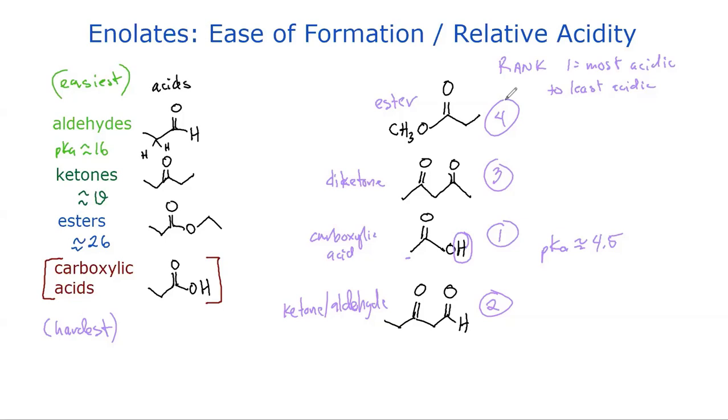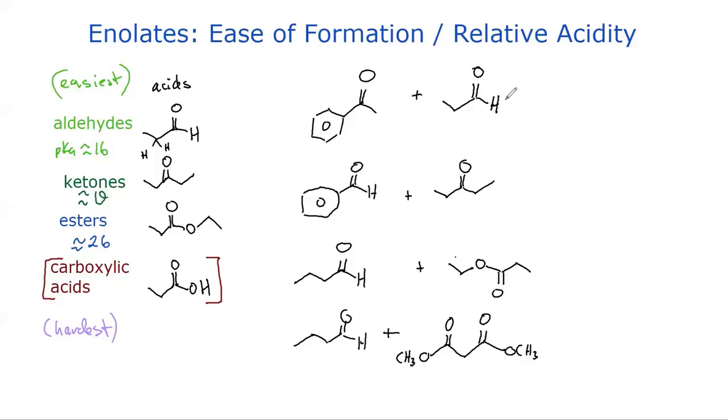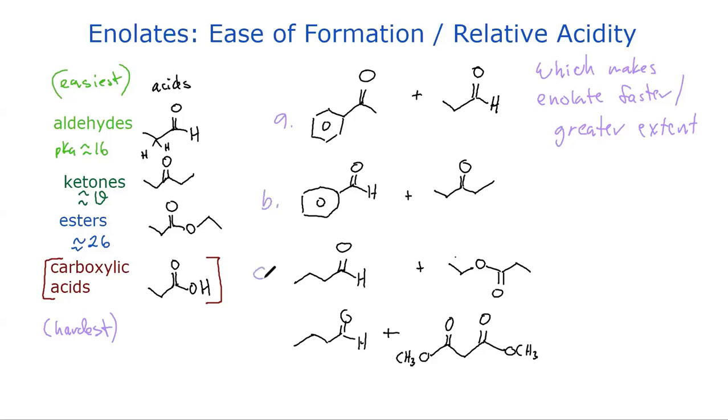So another example we might consider is, given a pair of carbonyl-containing compounds, which makes the enolate faster or to a greater extent. So if we put each of these pairs of carbonyl-containing compounds into a reaction together and added some base, which one would be more likely to have more enolate present at equilibrium?